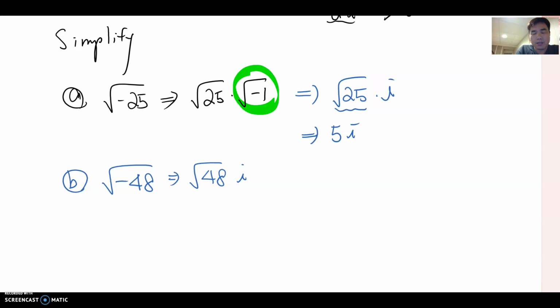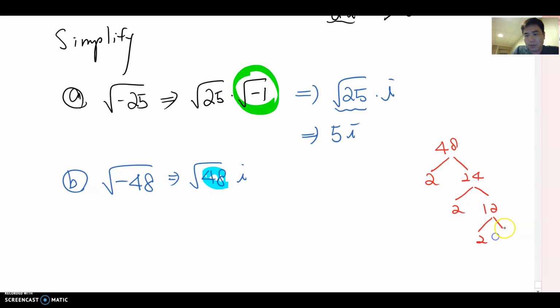Just find its prime factorization and then simplify this radical value. So look at the side, please. 48 means 2 times 24, and this means 2 times 12, and 2 times 6, and 2 times 3. Therefore, we can see 1 pair and 2 pairs.